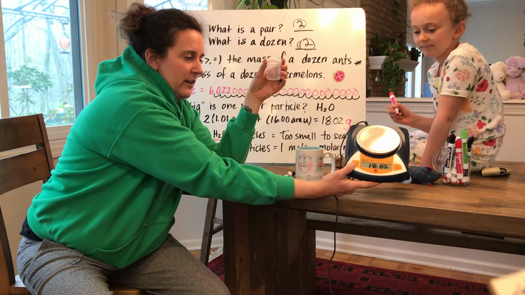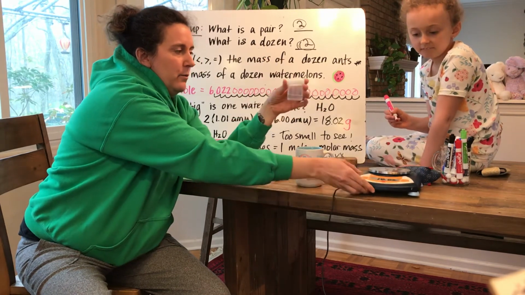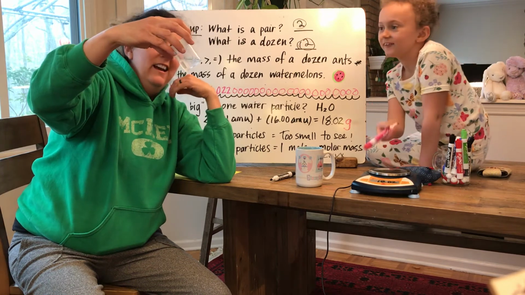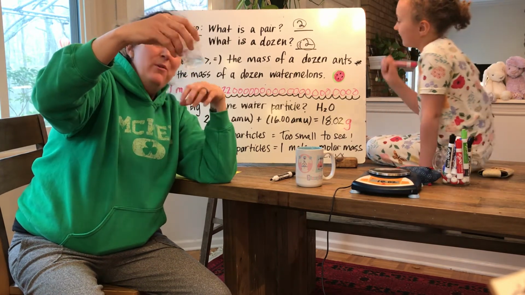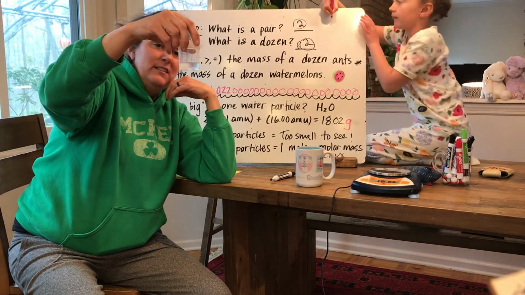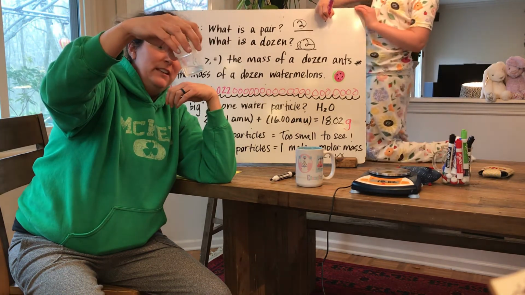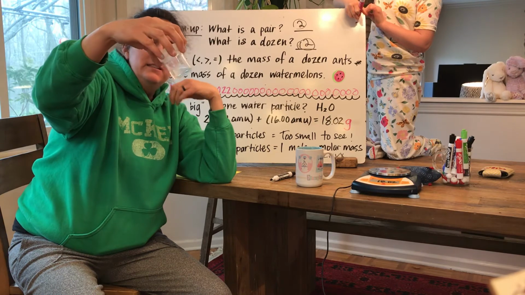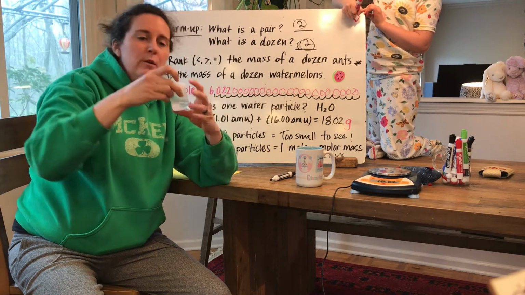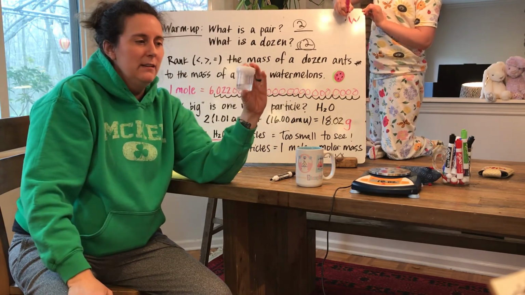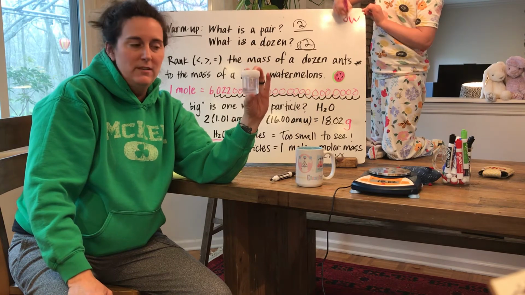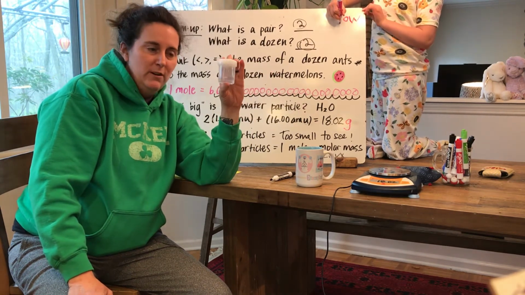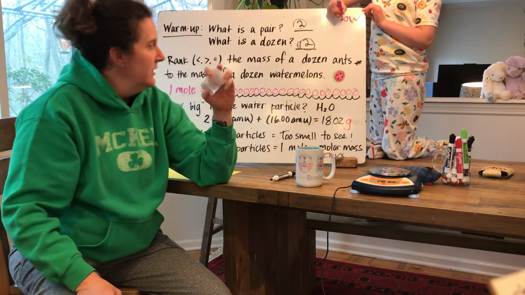You can look on there, you can see it. So when we're looking at this amount of water, one mole of water is equal to 6.022 times 10 to the 23rd particles, which is equal to 18.02 grams of water, which is the number of particles in this little container.